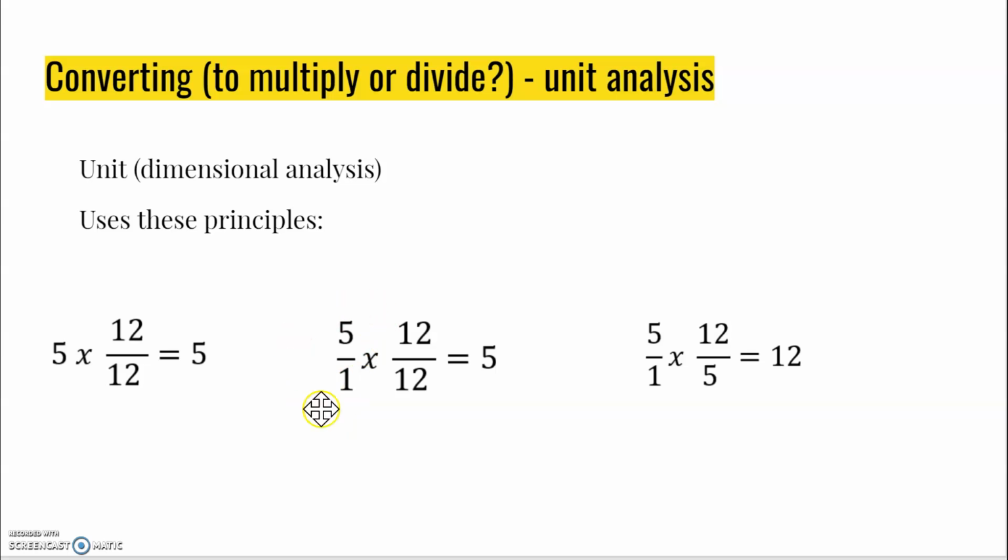So 5 is the equivalent of 5 over 1. And the last principle that is used is that if you are multiplying fractions and one number is at the top and one number is at the bottom, they can cancel out. So 5 over 1 times 12 over 5, the 5's cancel, and you get 12 for an answer.